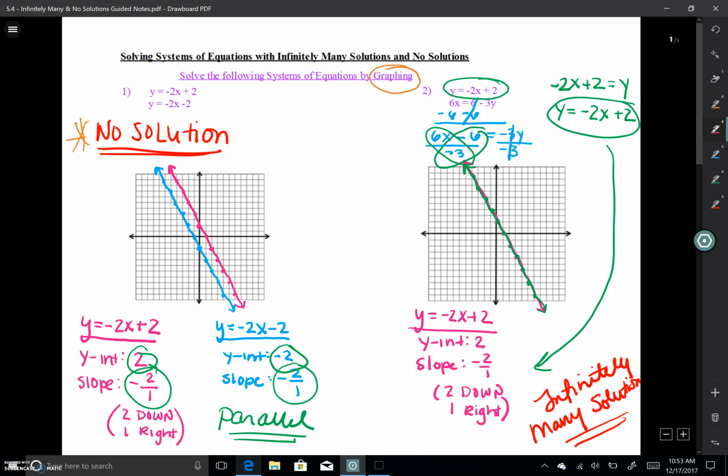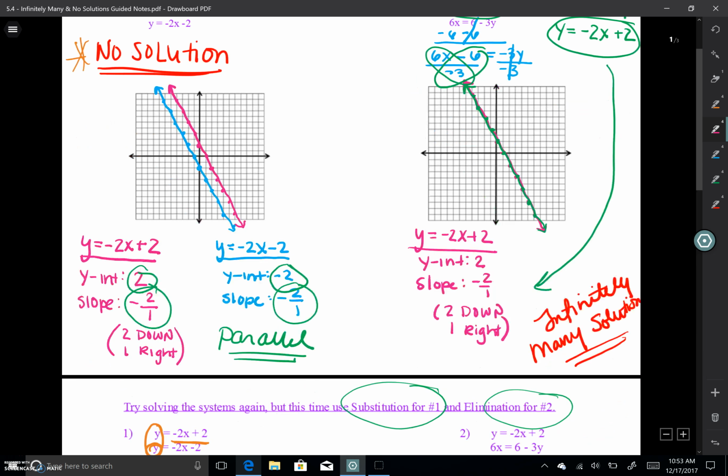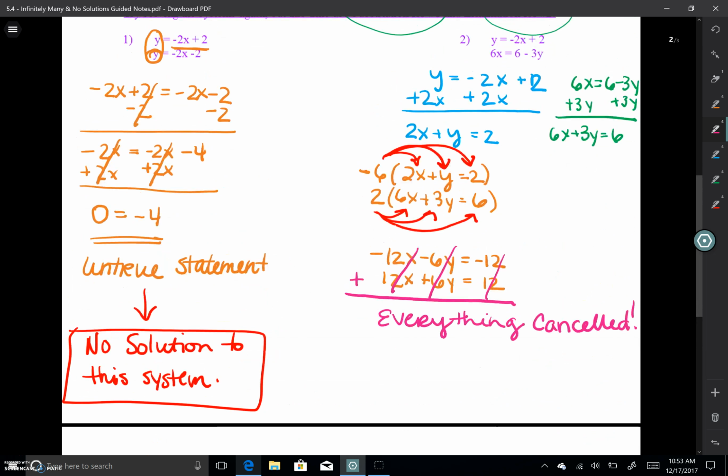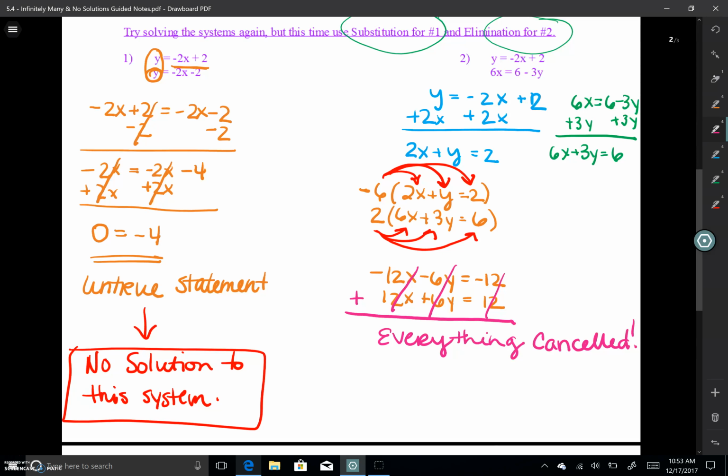And if I look at example 2 in the graphing part, I know that this is supposed to have infinitely many solutions. So that tells me that when I do things algebraically and I get to everything canceled, what that really means is infinitely many solutions to the system.